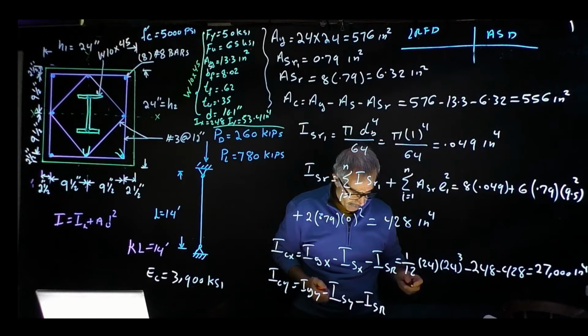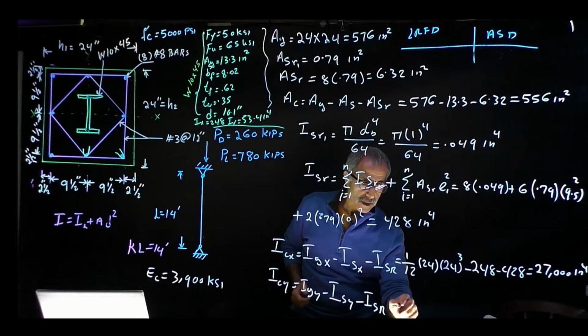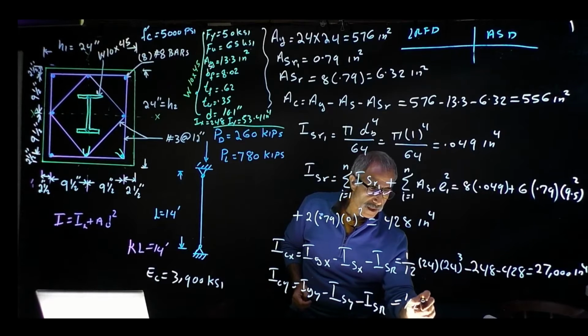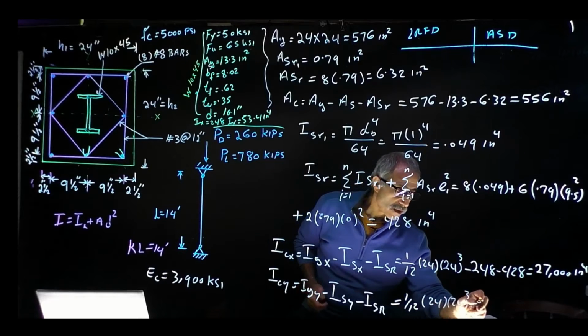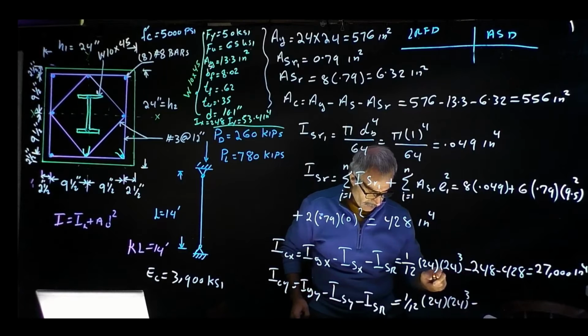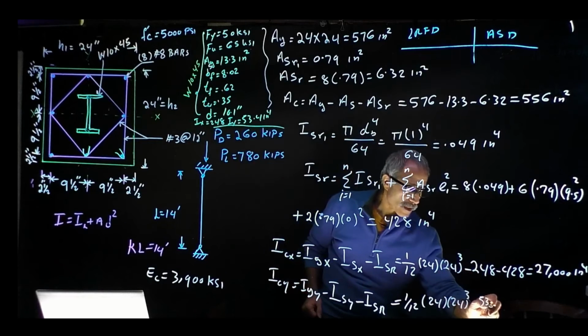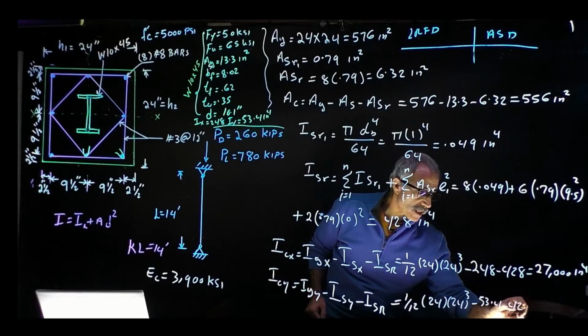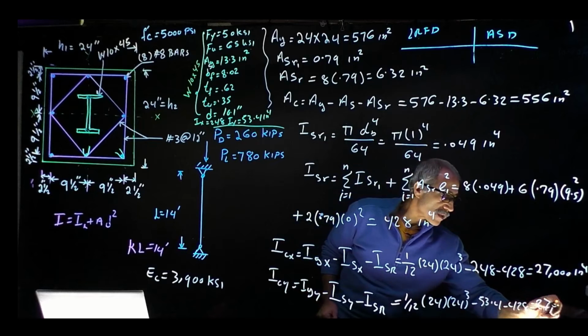So that's the same thing, 1/12 times 24 times 24 to the power 3, minus 53.4, and minus 428. That comes out to 27,200 inch to the power 4.